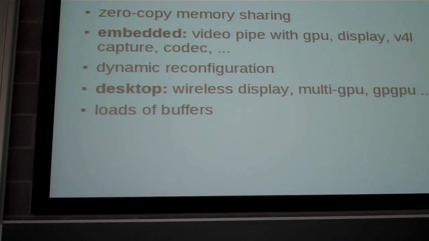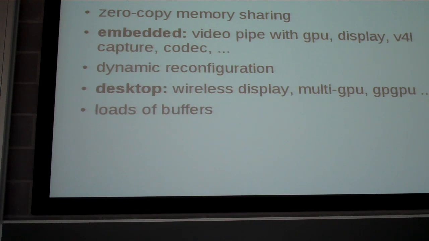We have the DRM drivers for GPUs, mostly binary blobs, video for Linux drivers, and special purpose encoding and decoding engines. They need to work together because copying is out of the option, since all the embedded platforms are so bandwidth constrained.